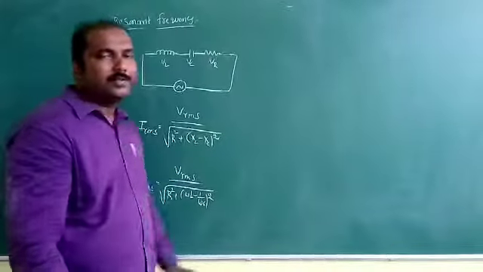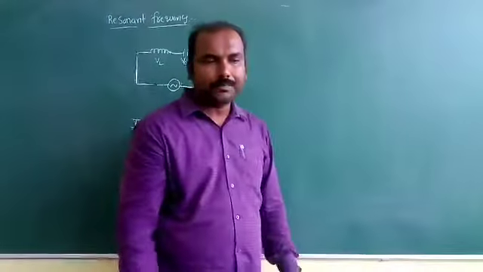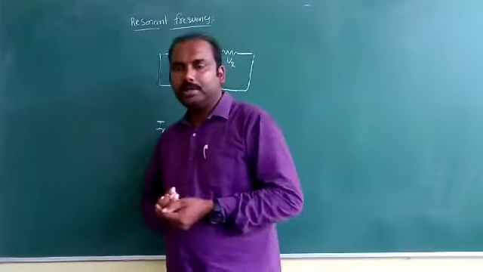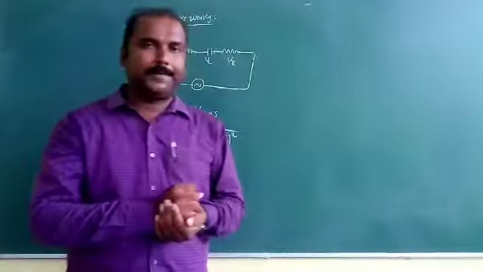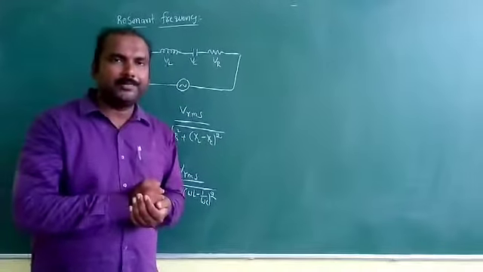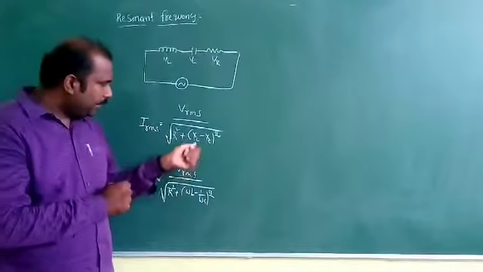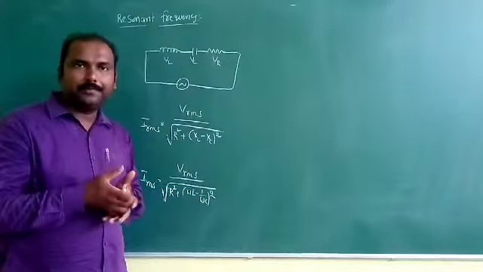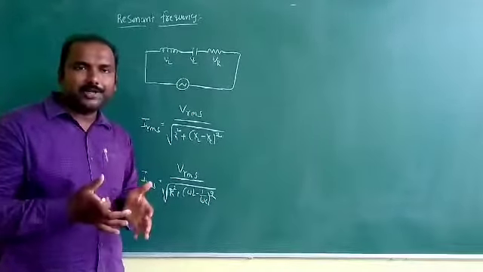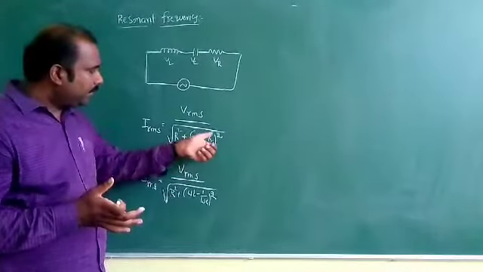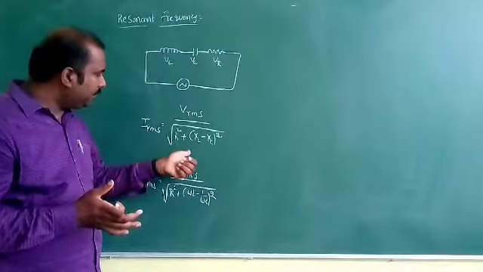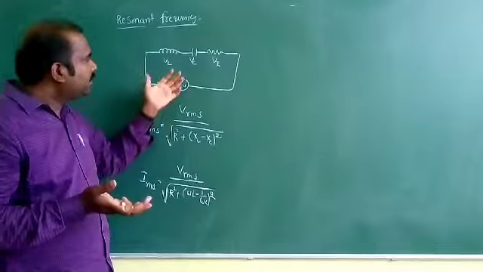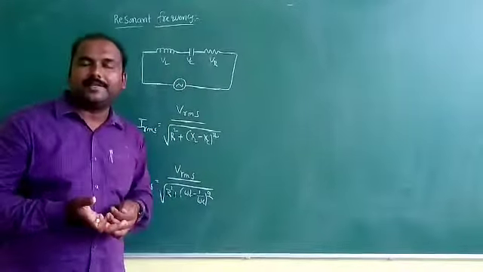Now, what is the meaning of resonant frequency? If the frequency is varying, at a particular frequency, if XL and XC are both equal, that is the condition where the impedance is minimum and current is maximum. Such a frequency we call a resonance frequency.